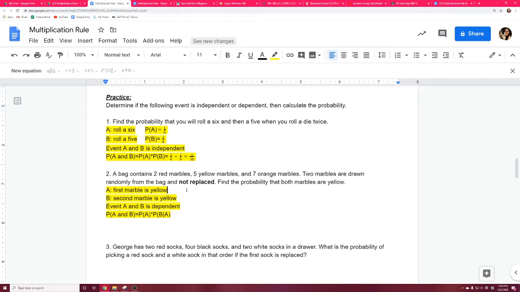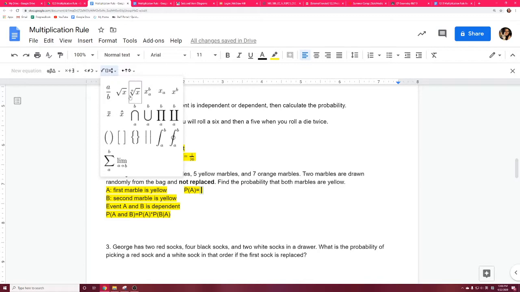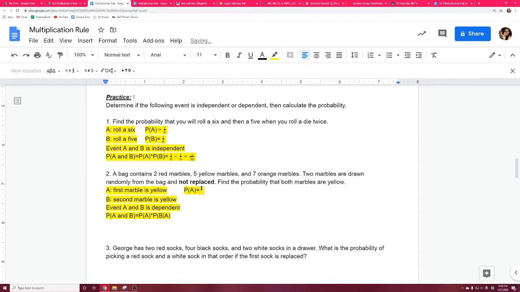All right, let's look at those probabilities. The probability of A, that the first marble is yellow: on the top will be how many yellow marbles you have, which is 5 yellow marbles. On the bottom will be how many marbles you have in total, 2 plus 5 plus 7, which is 14 marbles. 5 out of 14.